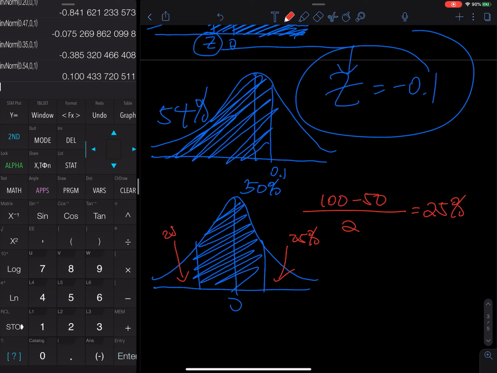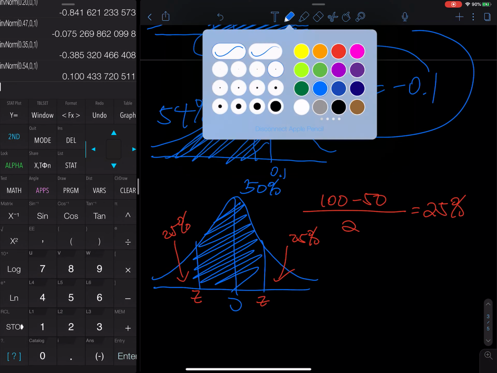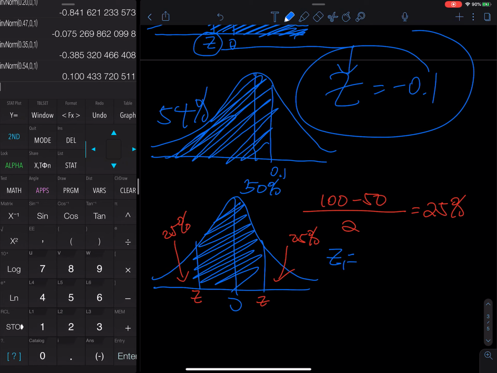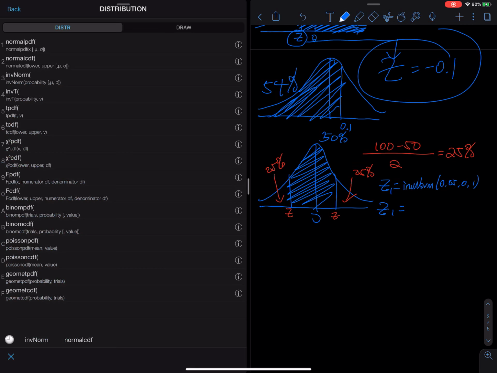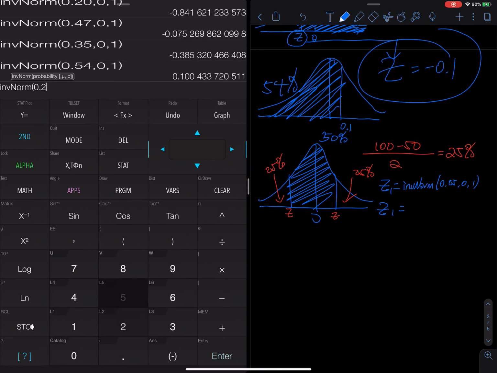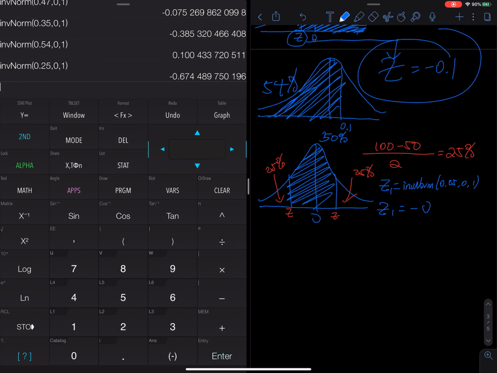So this is a 25, this is a 25, then we have a Z, we have a Z. And then we do Z1 is equal to inverse norm 0.25, 0, 1. Second VARS, inverse norm 0.25, 0, 1. That is negative 0.674. So Z2, we remove the negative, 0.674. That's how you do it.